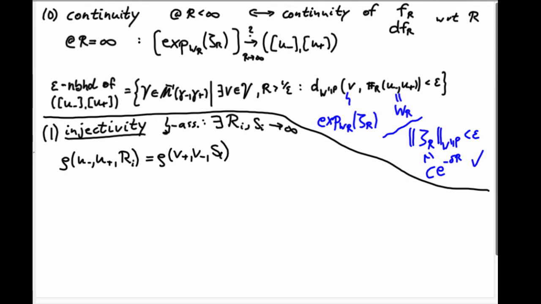So if I assume that I don't have injectivity, how do I get a sequence like this? I'm assuming that I don't have injectivity for any large R. So this follows from rho on R bigger than R1 not being injective for all R1.